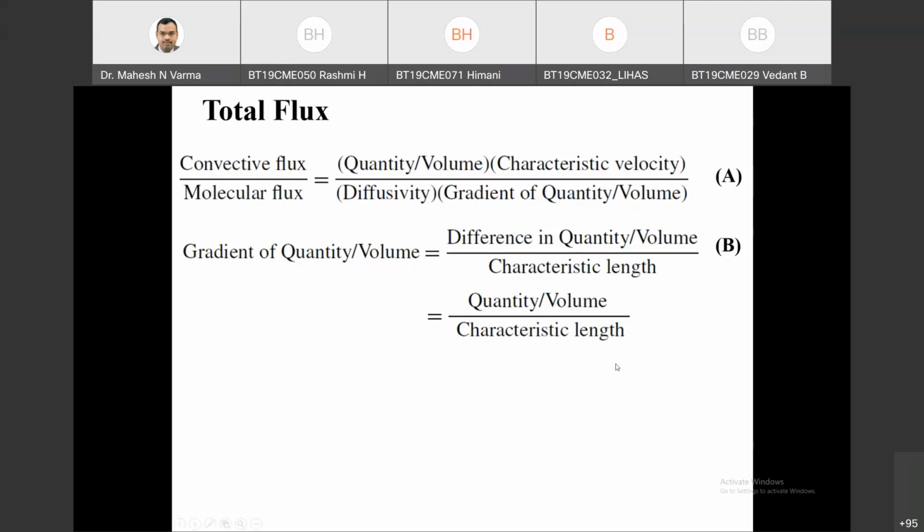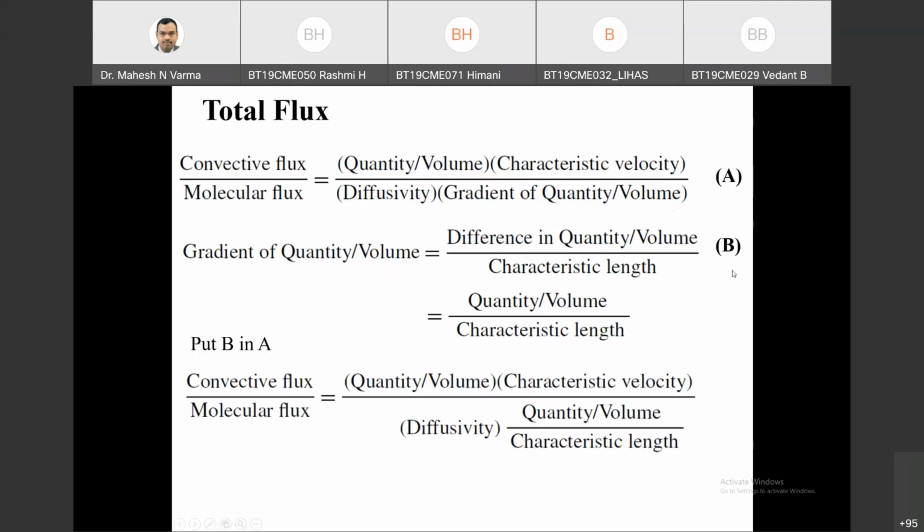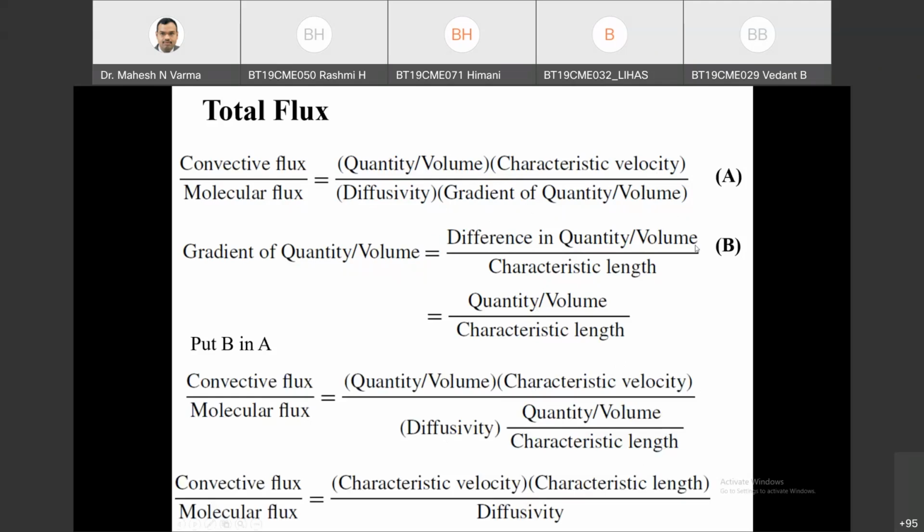Now I can substitute, combining equations A and B. This is quantity per unit volume multiplied by characteristic velocity, divided by diffusivity times quantity per unit volume divided by characteristic length. Rearranging, this will be characteristic velocity multiplied by length divided by diffusivity. Have you heard of this dimensionless number?